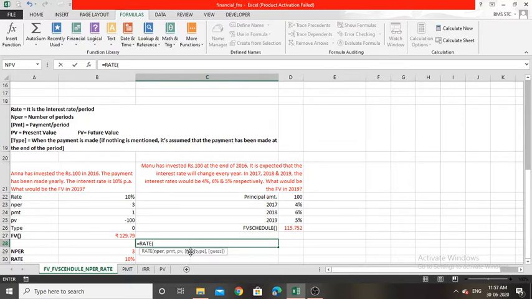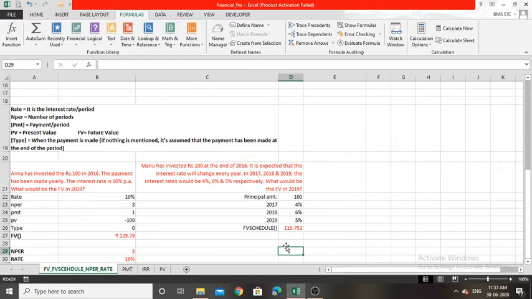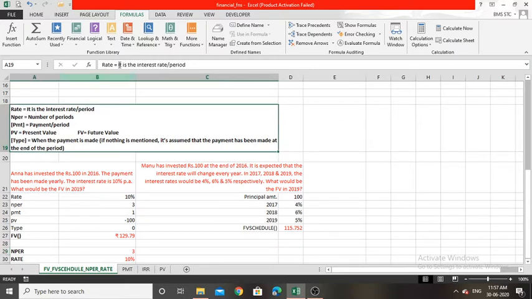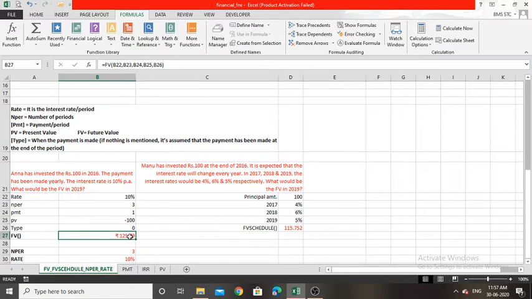NPER also has arguments like rate, PMT, PV, FV, type. So these four functions have the same arguments, which is why I referred to these cells as common terms. Now we know how to calculate the future value if we have a present value with a constant rate.